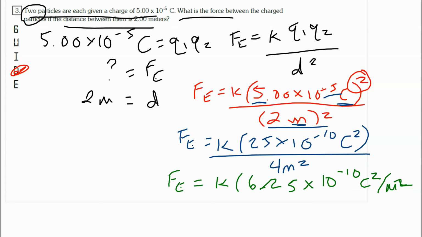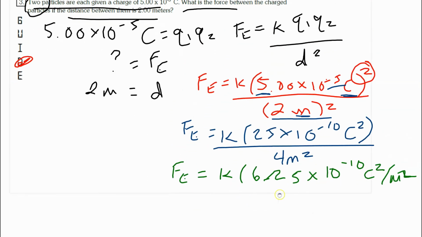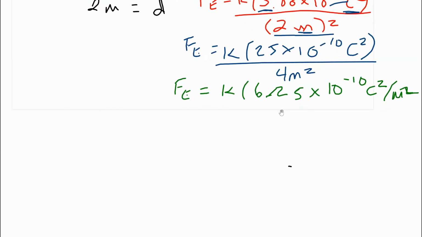The next step I'm going to do is to write in the K value so that I can multiply those two values. So I'm going to slide this up a little bit. K value isn't in the problem, so we assume it's the one that will be given on your reference sheet. So I'm going to add in the K value. Electrical force.